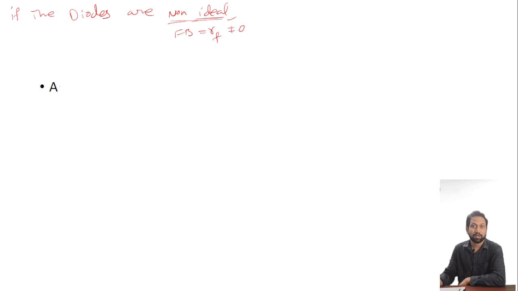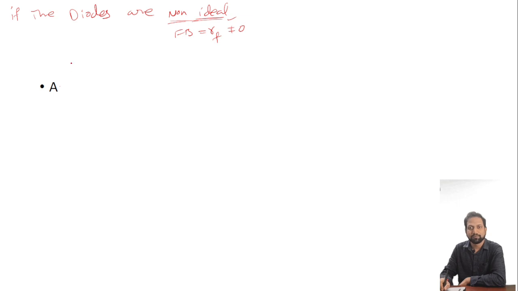If the diodes are non-ideal, it means in forward bias the resistance is not equal to 0. They will have a non-zero resistance in the case of forward bias.